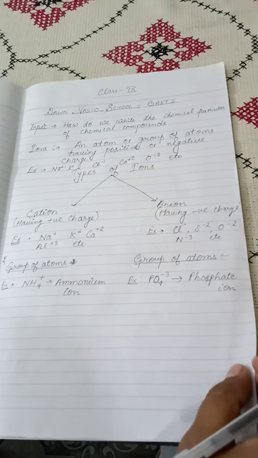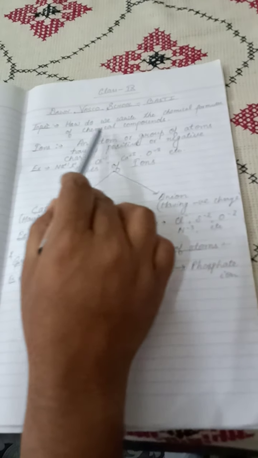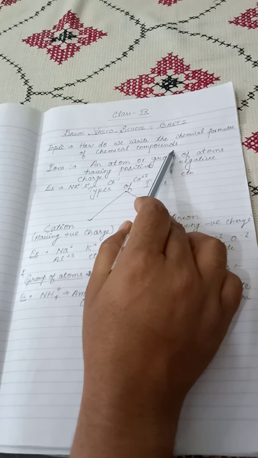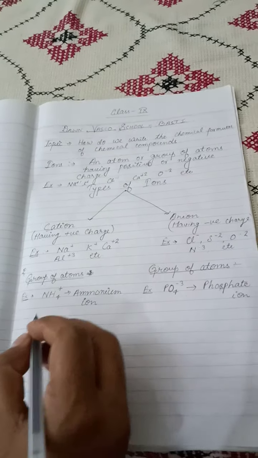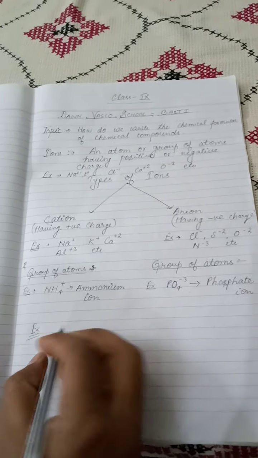Students, the main topic is how do we write the chemical formula of chemical compounds, right? I will explain with the help of examples.